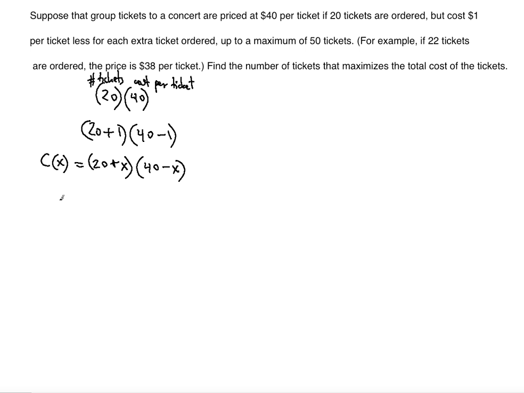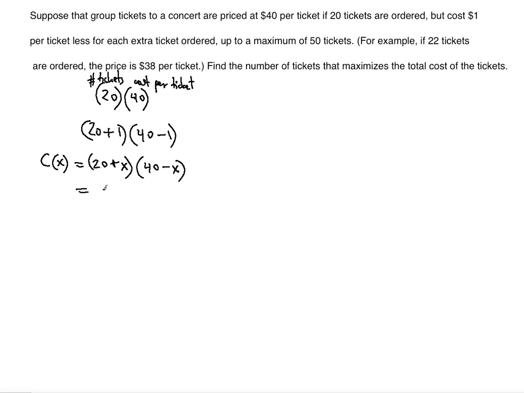Now we need to find the number of tickets that will maximize this cost function, so the value of x that will maximize the cost. We're not going to use pre-calculus, we're going to use calculus. So we're going to take the derivative, but first we have to use the FOIL method to make this a quadratic polynomial.